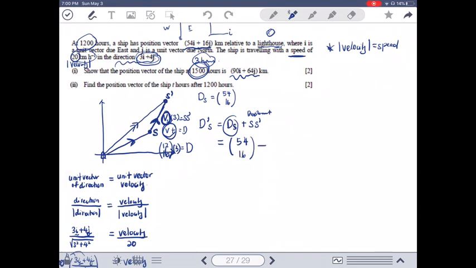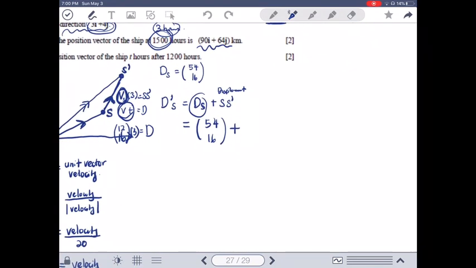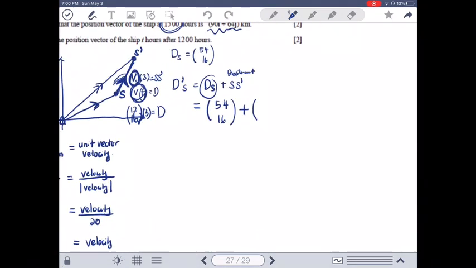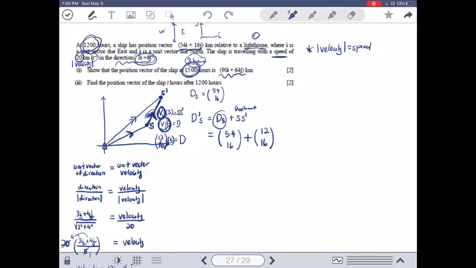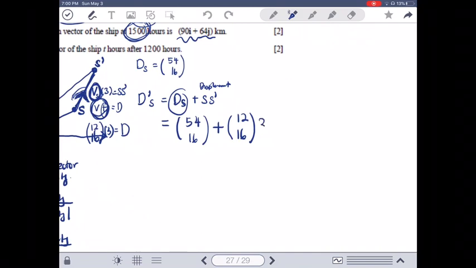So plus the displacement of the ship, which is velocity times time: the velocity vector 12, 16 times the time taken, 3 hours, because it's from 12.